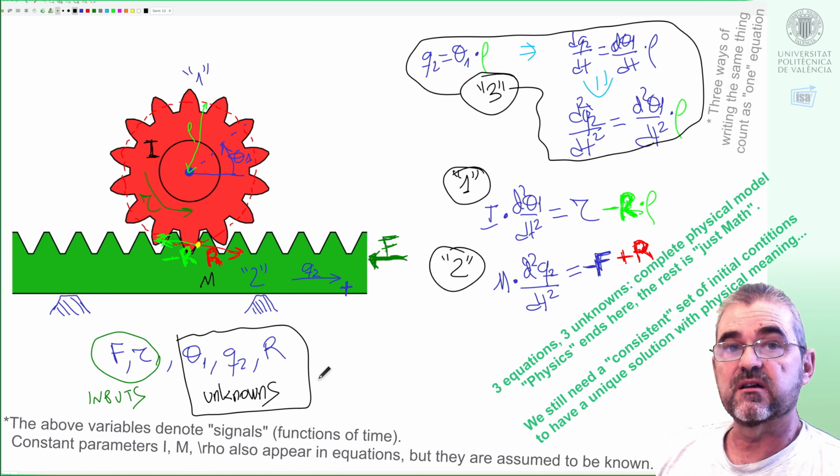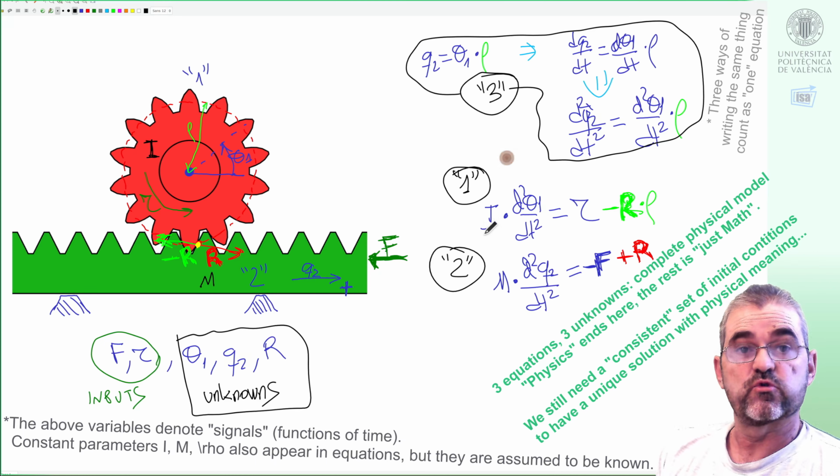The remaining thing is just manipulating these equations to solve for the variable we wish or to express them in whatever form we wish.